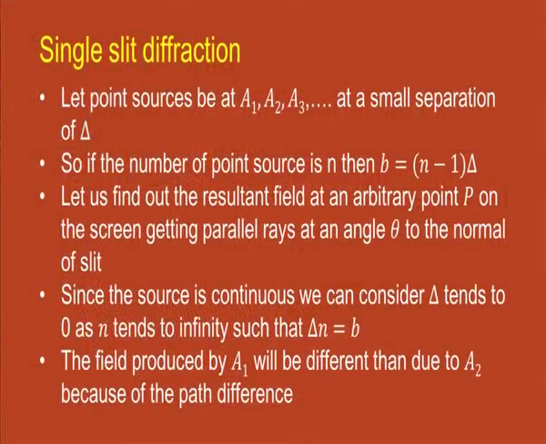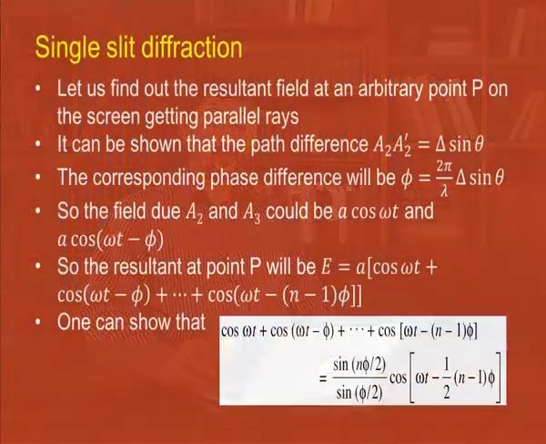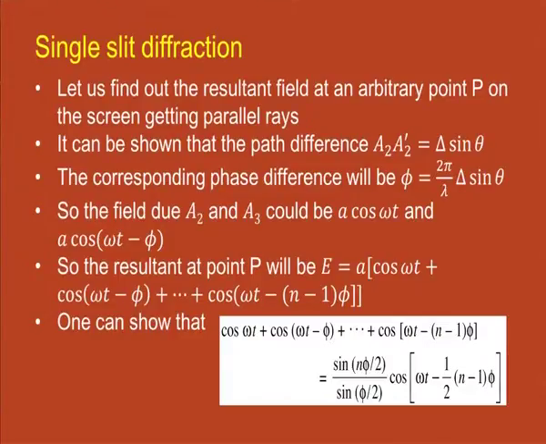The field produced by A1 will be different than that due to A2 because of the path difference. Now, let us find out the resultant field at an arbitrary point P on the screen getting parallel rays. It can be shown that the path difference A2 A2 prime is equal to delta sin theta. The corresponding phase difference will then be phi equal to 2 pi by lambda into delta sin theta.